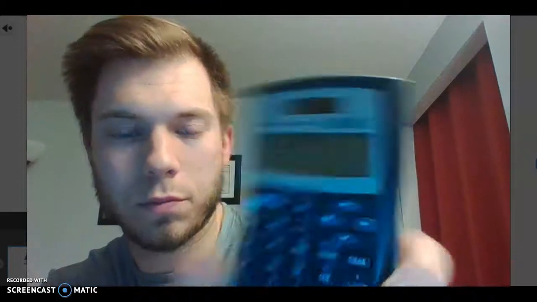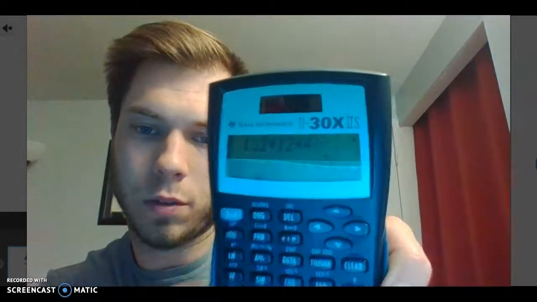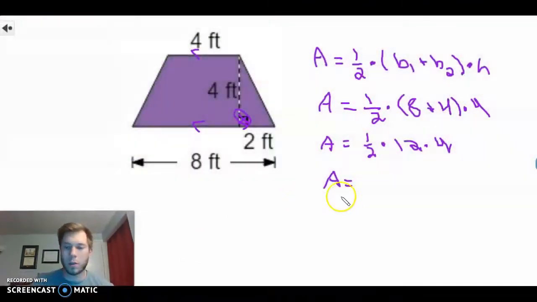So we have 1/2 multiplied by 12 multiplied by 4, which gets us 24. So going back, we can go ahead and write 24 down. And then we need our units. All of our units are feet. So it's 24 feet. And lastly, since it's area, it is going to be squared.